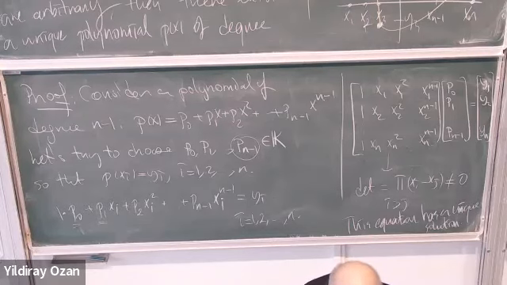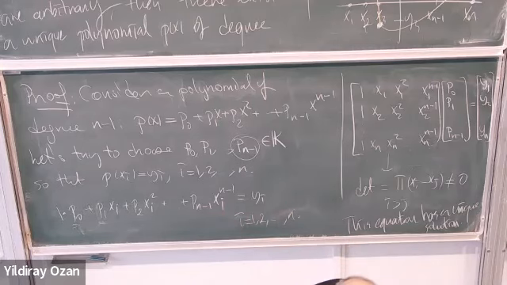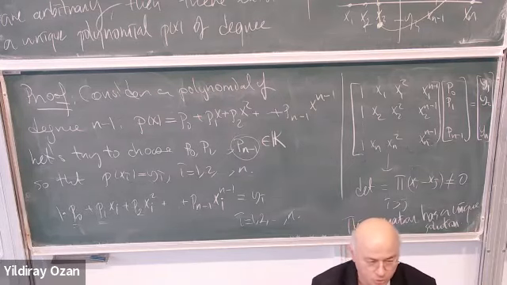Now I'll talk about canonical forms, characteristic polynomial, and so on. I will not follow the book for the canonical forms.